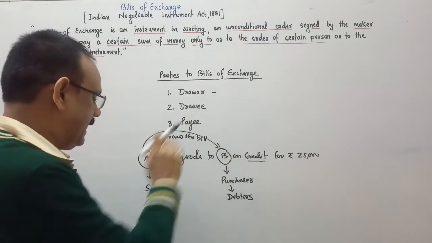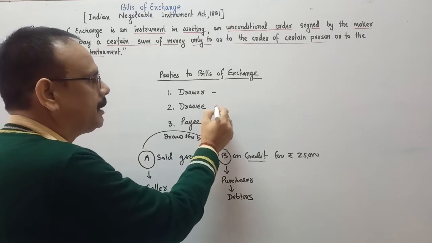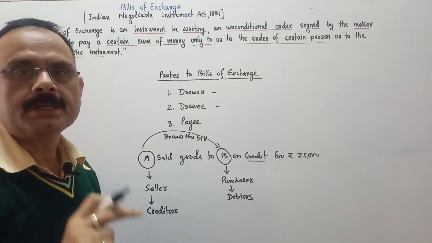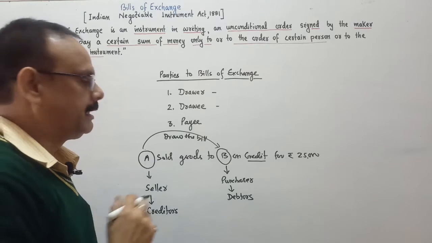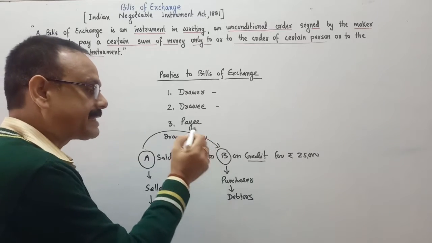So here A is the drawer of the bill. Who is the drawee? The person who accepts the bill is called the drawee. Here A draws the bill over B and B has accepted it.